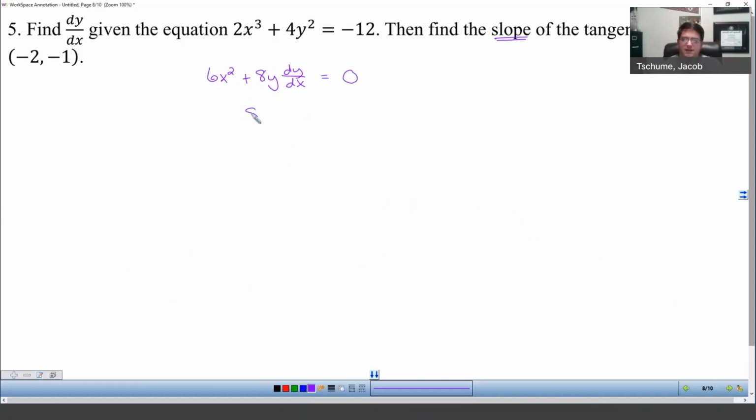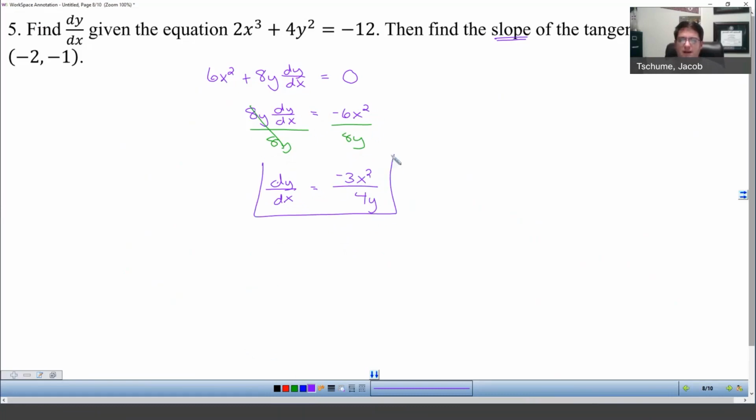If you subtract the 6x squared over, you will have 8y dy/dx equals -6x squared. And then if you divide both sides by 8y, this cancels, and you will notice that you can simplify this a little bit. The 6 and the 8 both share a 2 in common, so this simplifies into -3x squared divided by 4y. So that is the derivative of our function.